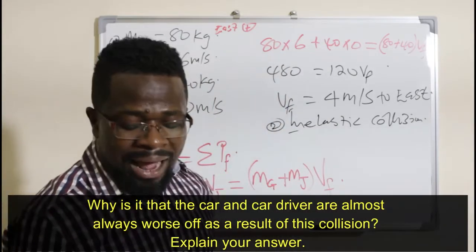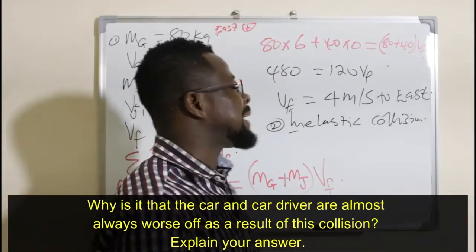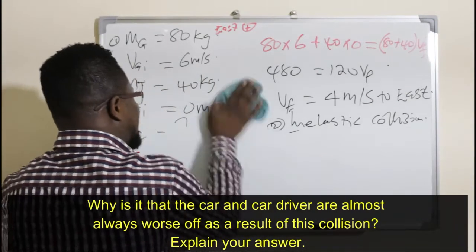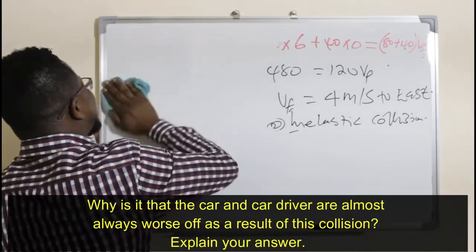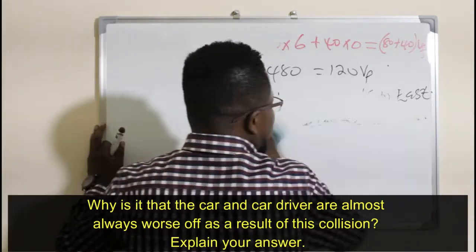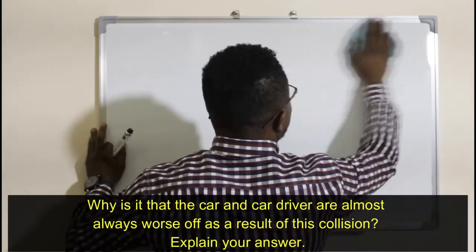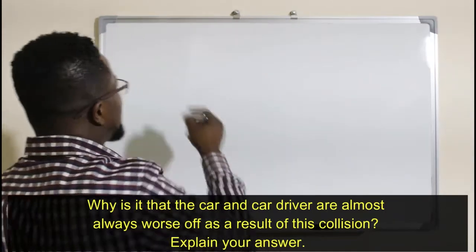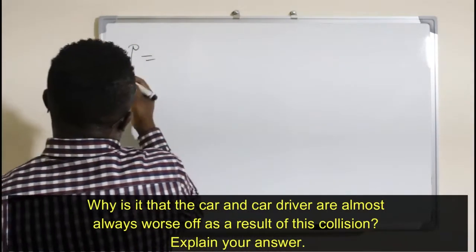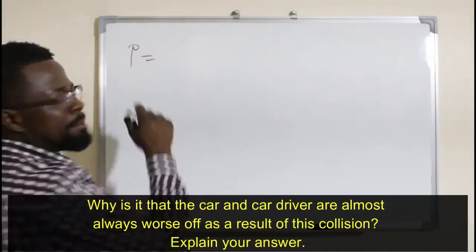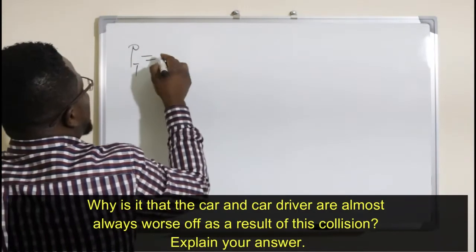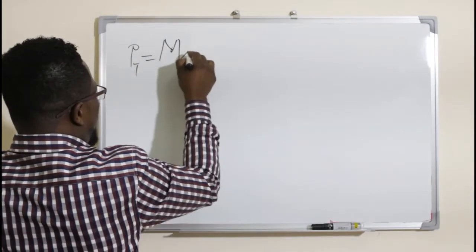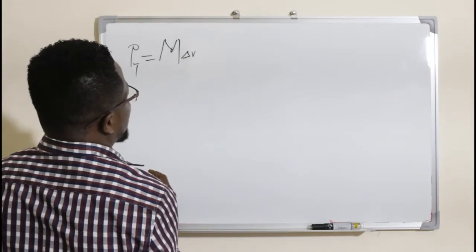If the truck is bigger, you have to understand that the truck is going to have a larger mass but a smaller velocity. Because it is very heavy, it has a greater mass, it will not be able to move faster. So if we try to find the momentum of the truck, we are having a bigger mass but a smaller change in velocity.